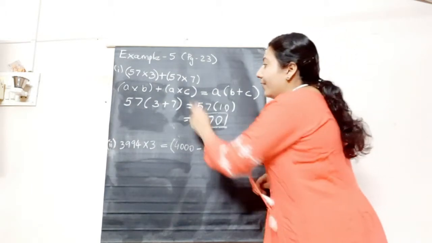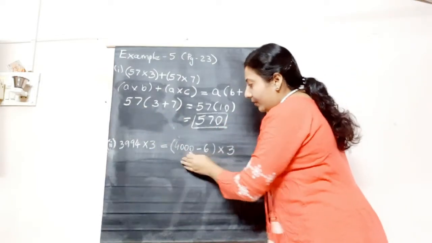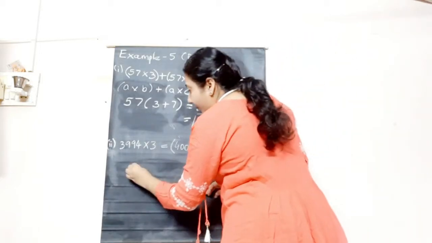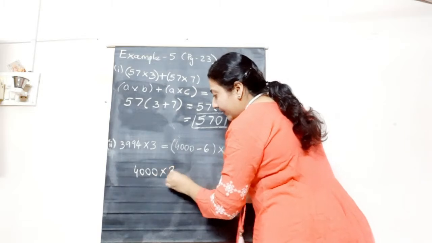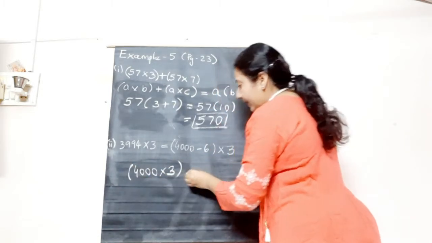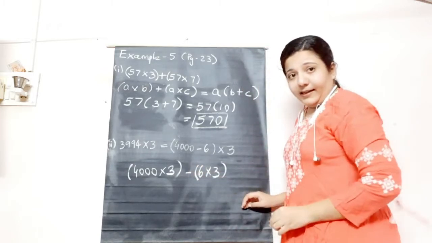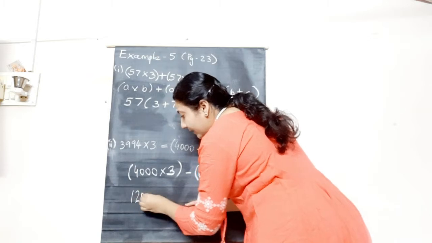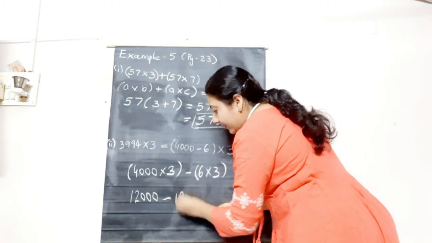Now what we did here, we took out 57. Here we will distribute this 3 to both. How will we do it? See here. 4000 multiplied by 3 minus 6 multiplied by 3. 4000 multiplied by 3 will give you 12,000 minus 6 3s are 18.